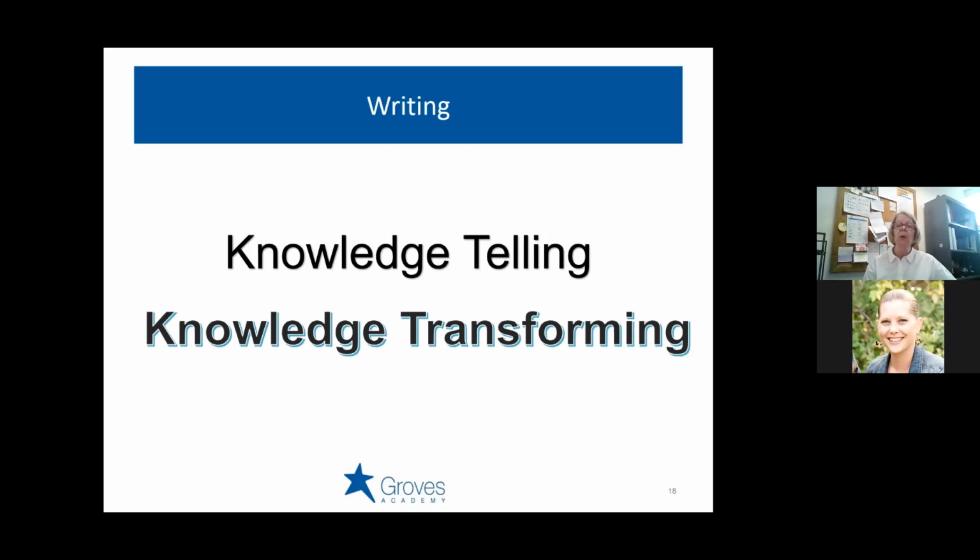So as we read, we take the information the writer is expressing or telling us, and we transform it to make it our own. And that is one of the key pieces of learning.